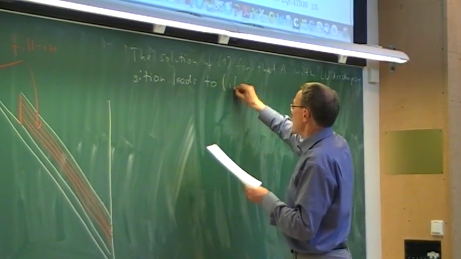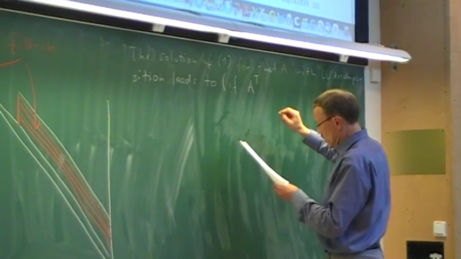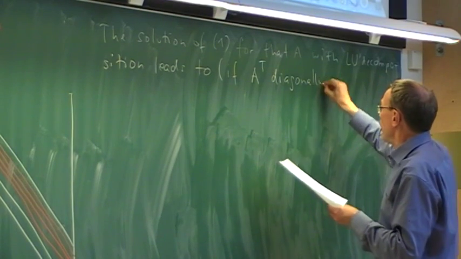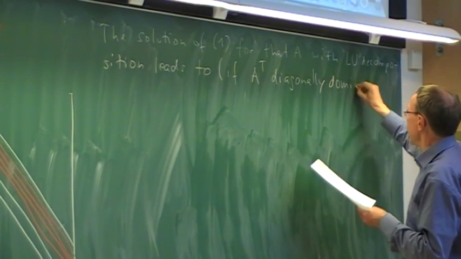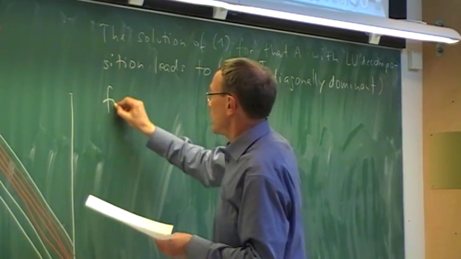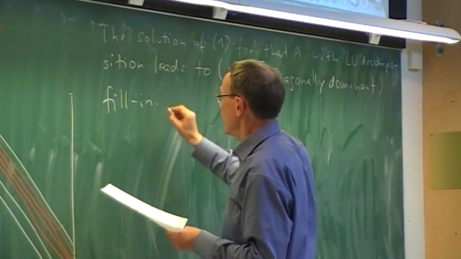We need a prerequisite for that: A transpose should be diagonally dominant. That is the problem.